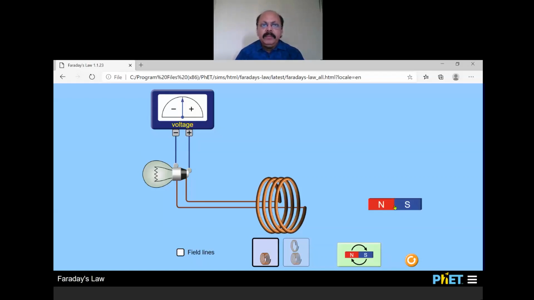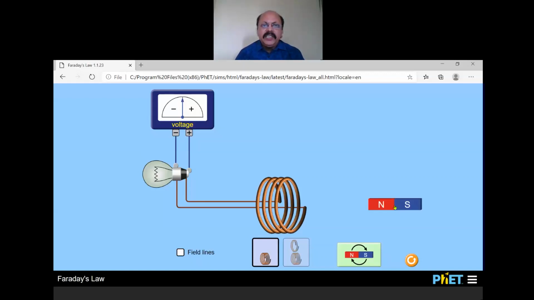Whereas when the magnet with its north pole moves away from the coil, the magnetic flux linked with the coil decreases. And from this explanation, we conclude that there is a relative motion between the coil and the magnet, which is responsible for the induction of induced current in the coil.